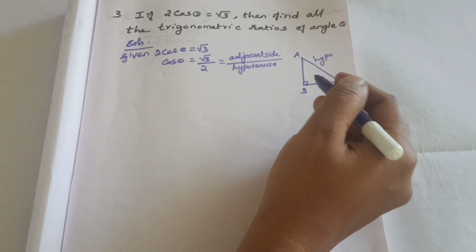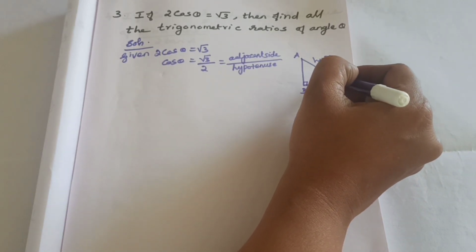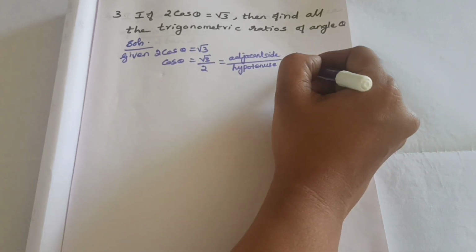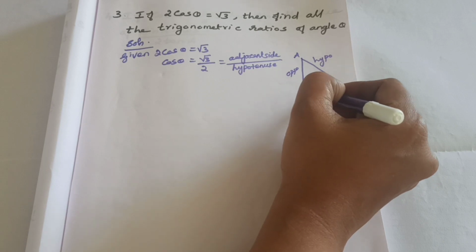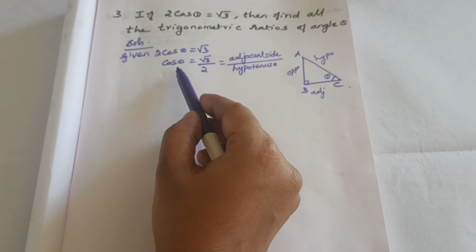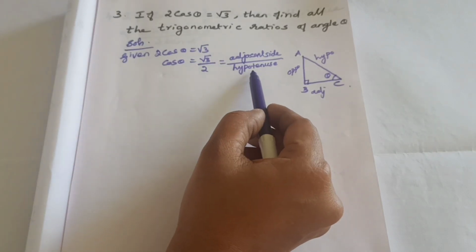Hypotenuse. Okay, then theta opposite, this is theta, means the theta opposite side is called what? Opposite side. Okay, then theta nearest side is called what? Adjacent side. Okay, correct? Then our formula here ratio is then cos theta means adjacent side divided by hypotenuse.